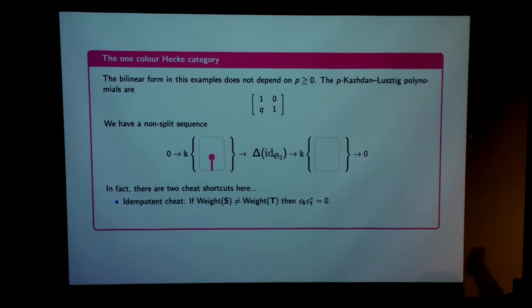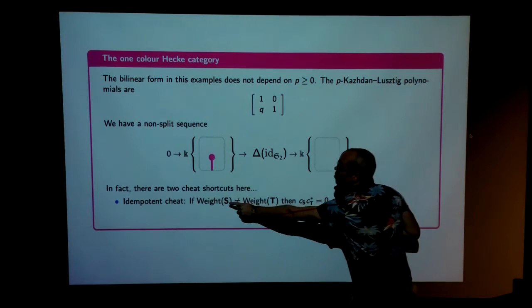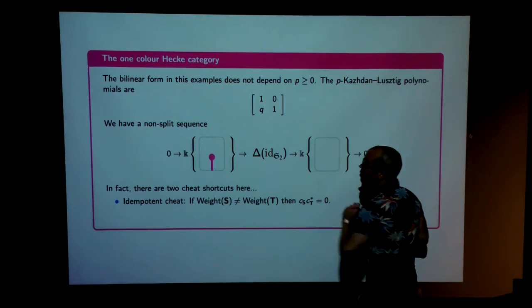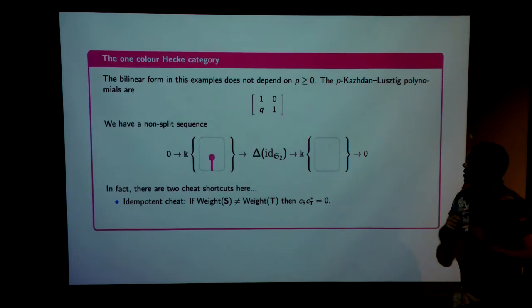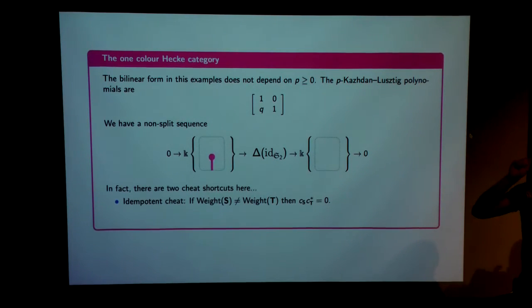So when we do these products, we're going to get matrices with lots of zeros in, because if the top of one diagram is not the same as the bottom of the other one, the product has to be 0 because the diagram isn't making sense. So we can limit our attention to idempotent by idempotent.